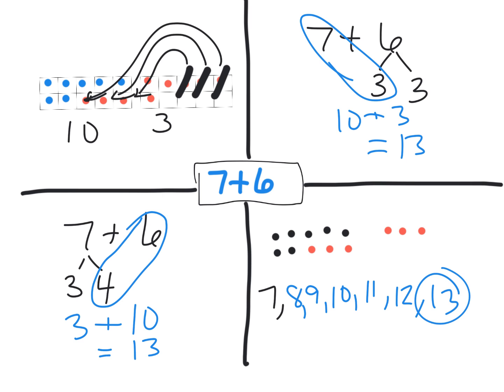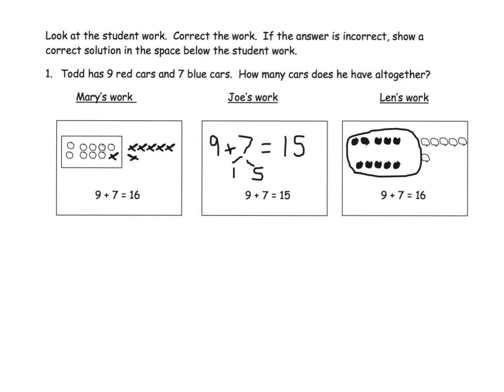The real goal of a number talk is to just get kids talking about a variety of methods. So here, students are being asked to look at these examples and figure out which ones are correct and which ones are wrong. If it's wrong, we've got to fix it.